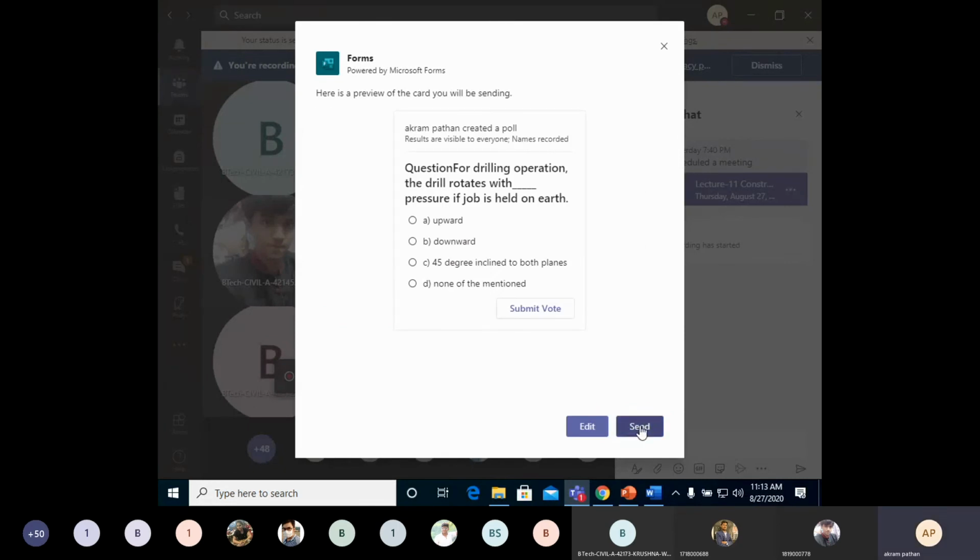So the question is, for drilling operation, the drill rotates with dash pressure if the job is held on earth.